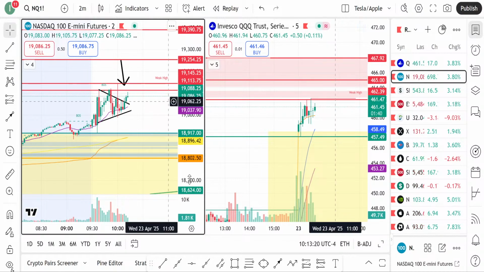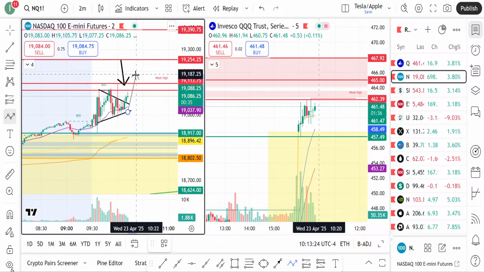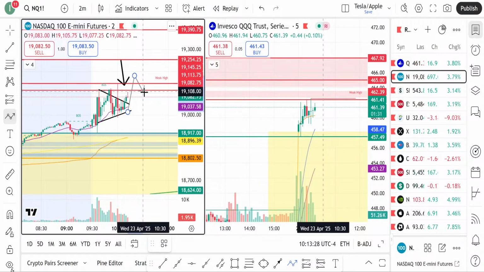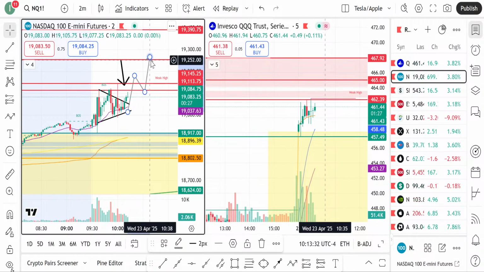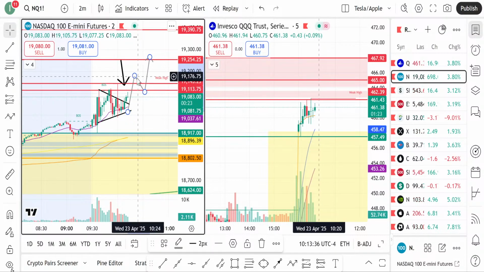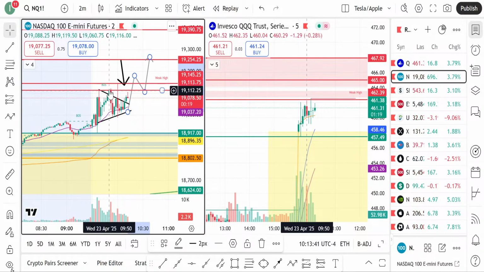Another thing you can do here is wait for the breakout to happen, let it break out, and then wait and see if we get a pullback that you can buy into on the next leg up. Sometimes this is the better setup because price will fake you.